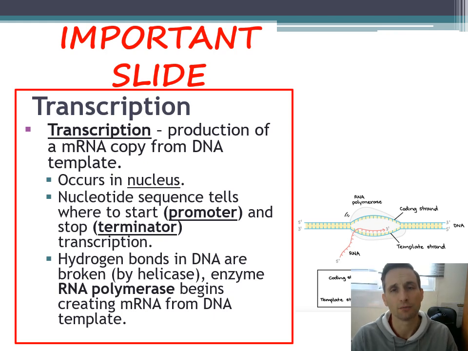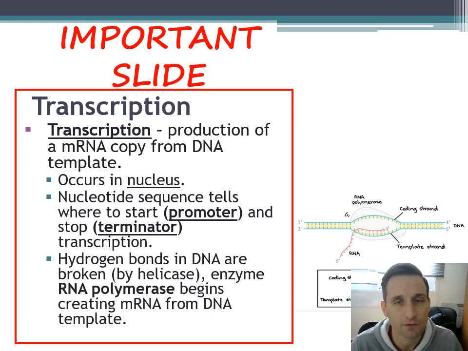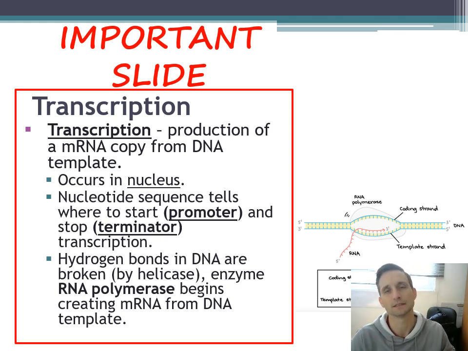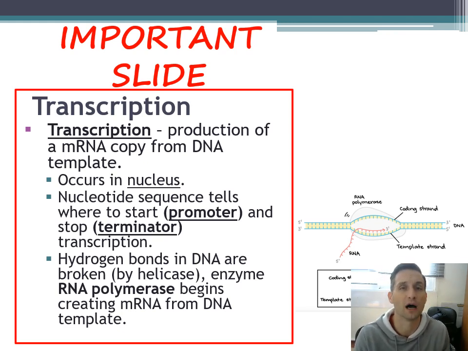Hydrogen bonds in the DNA are broken again by helicase, and then we have a new enzyme, RNA polymerase. It's going to read the bases on one side of the DNA, so it could read either side depending on which copy it wants to make. It's going to read the bases on one side of the DNA strand, and it's going to put in mRNA nucleotides to match the DNA bases.